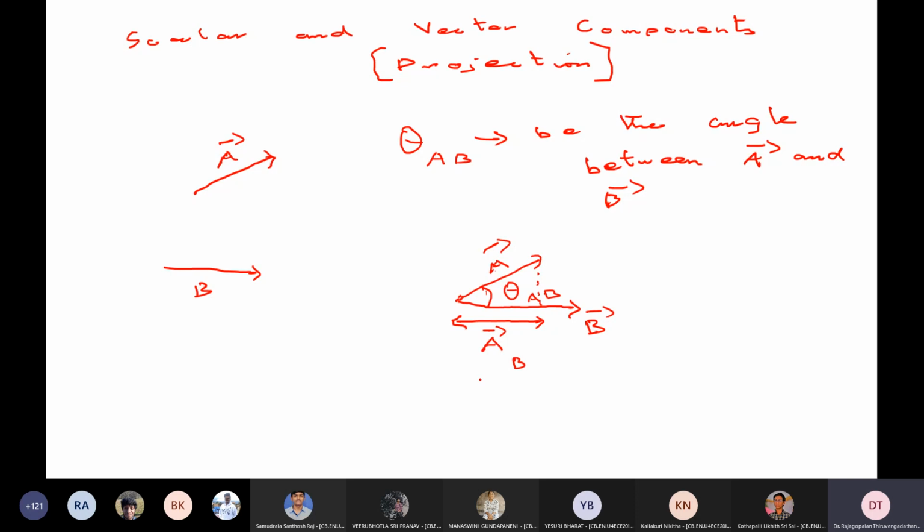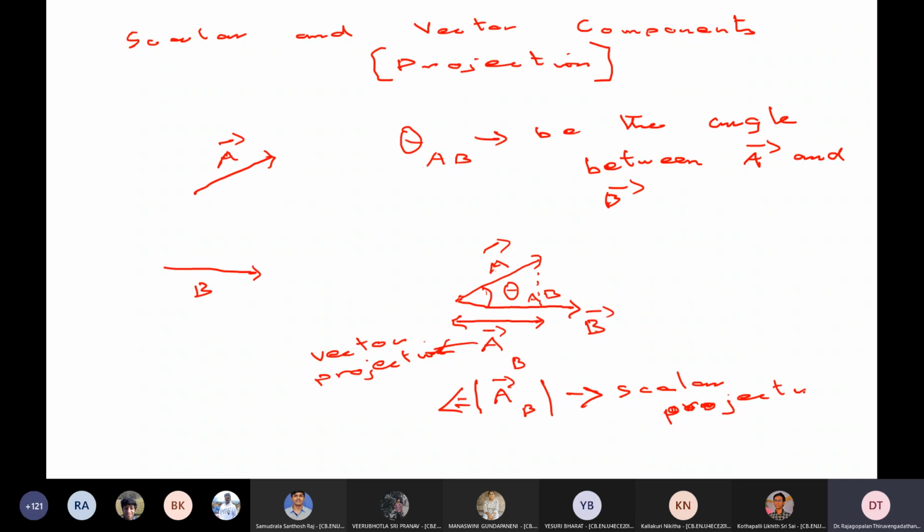The magnitude of that vector, the mod of that, will give the scalar component, the scalar projection.